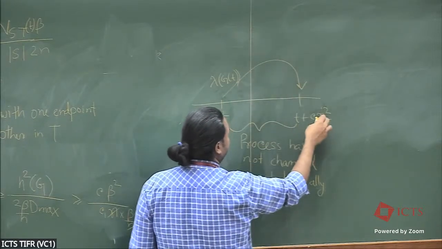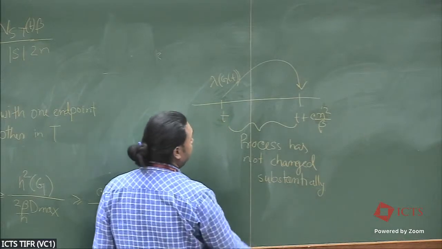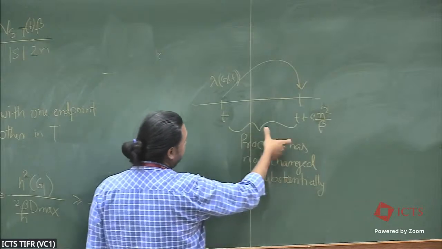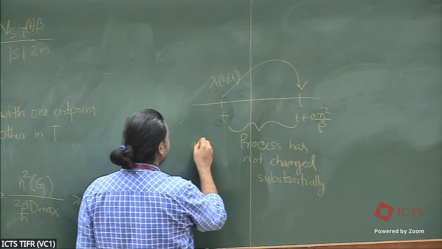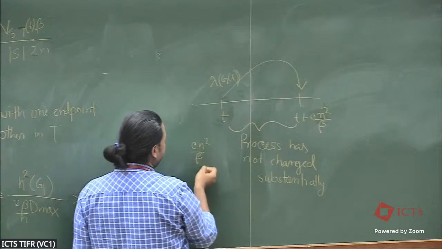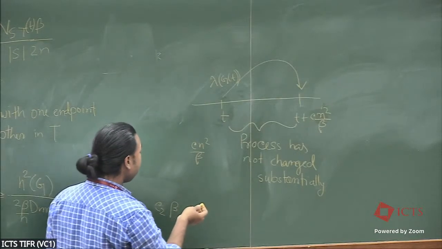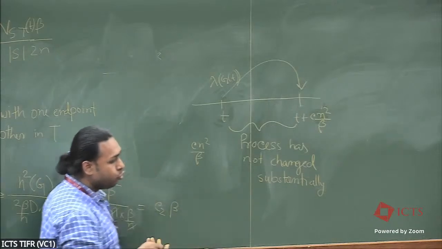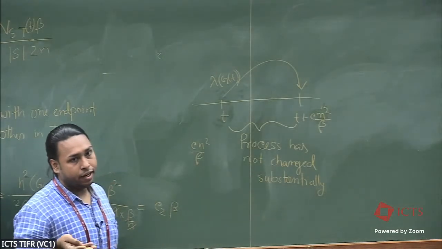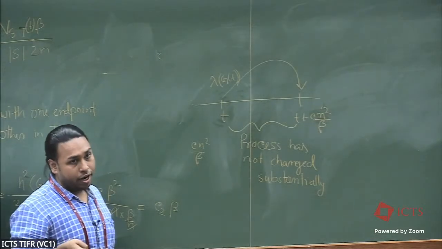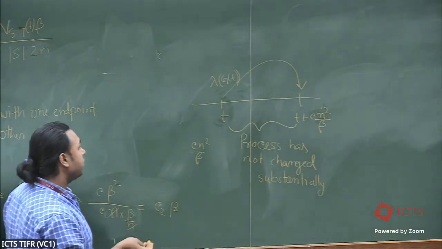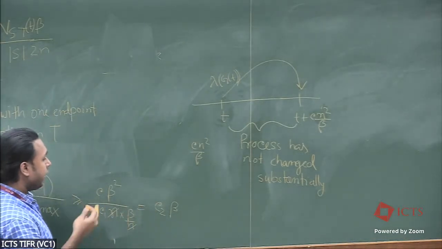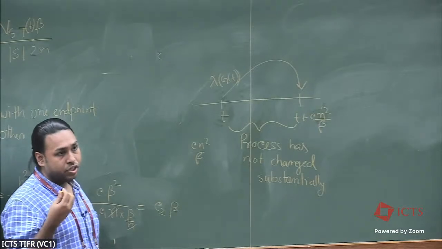That means you have an estimate for lambda of G_t at time t, and we can push this estimate to time t plus Cn square by beta also, because in this order of Cn square by beta time, there cannot exist too many edges that will be rewired, and there cannot exist vertices which gain large degree.